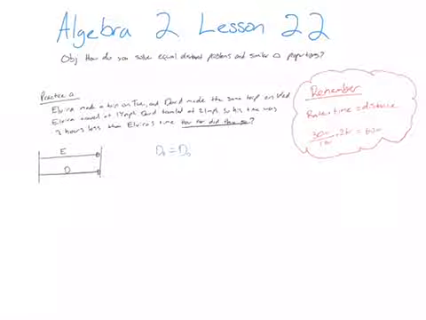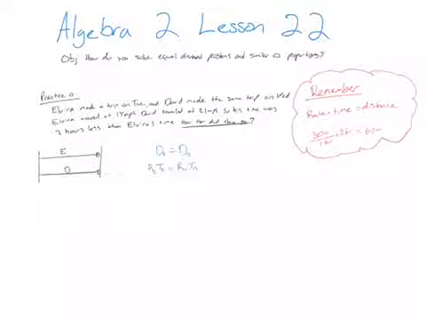And then from this equation over here, we know that the rate of Elvira times the time that Elvira traveled is equal to the rate of David times the time that David traveled. Okay. So really I'm just using d, r, and t to represent distance, rate, and time.